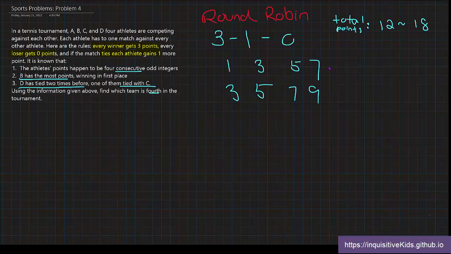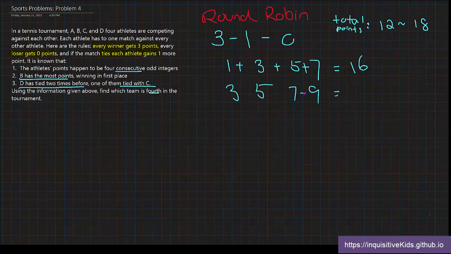the first group, and it's the smallest group, because 1 is the smallest odd integer. So if we add them all up, we see that 1 plus 3 is 4, added with 5 would be 9, added with 7 would be 16. 16 points, so that falls in between 12 and 18.